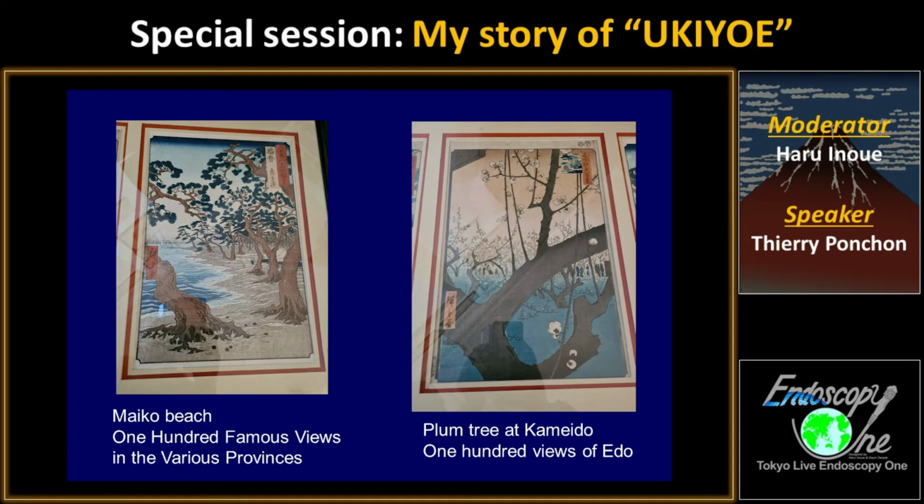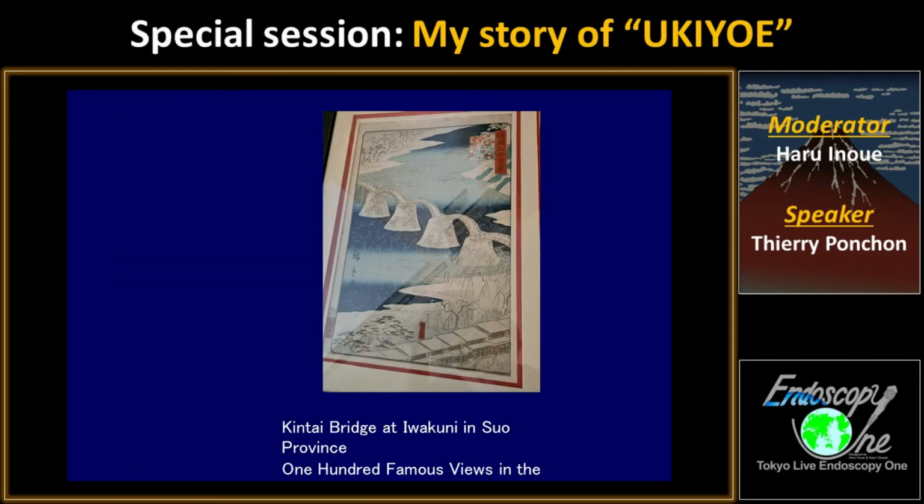This is probably from 1870, quite interesting ukiyo-e from the 100 Views of Edo. This is also a bridge, the Kintai Bridge at Iwakuni in Suo province, also one of the 100 famous views in the various provinces. I must explain that this is just a small part of my collection, because ukiyo-e look like an album.